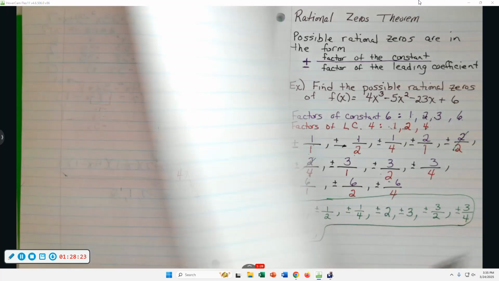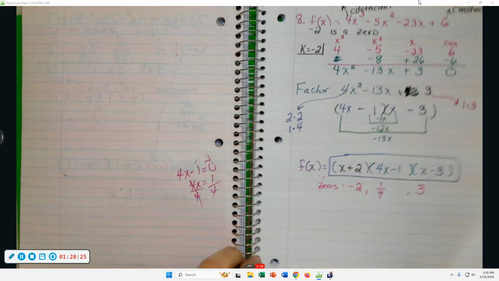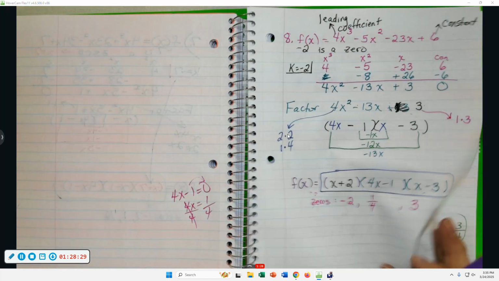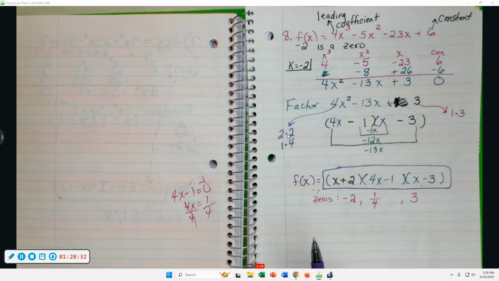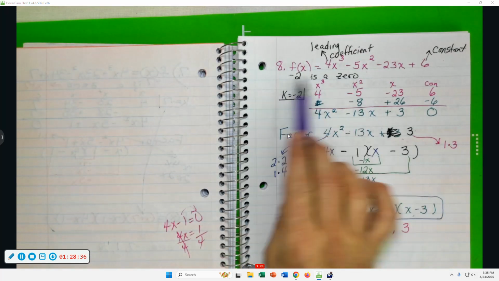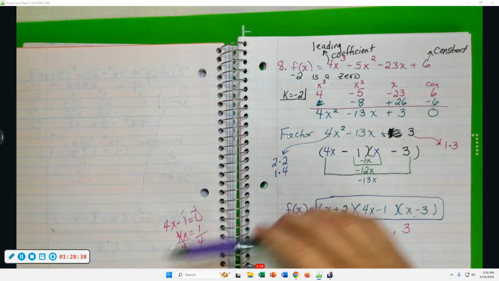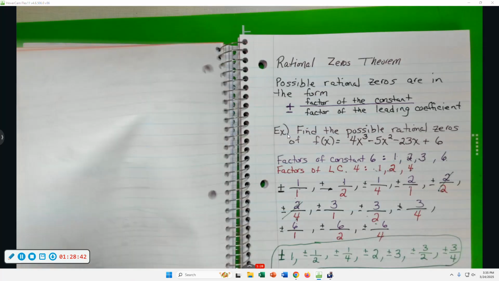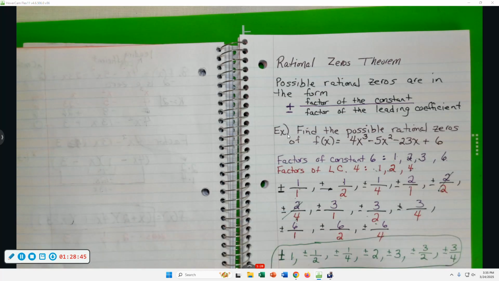If we had wanted to be really, really mean to y'all, then we wouldn't have assigned the ones where they gave you the 0. We would have done the ones where they didn't give you the 0. And the first thing you had to do was find the zeros. But what I want to do is just make sure you know the process.